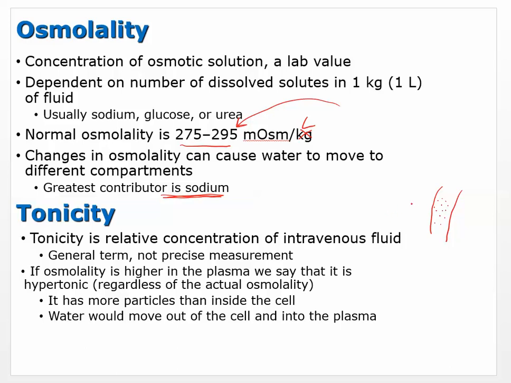But that's it. So when we give an IV solution that is isotonic, what we're trying to do is match these values, these normal values. Now the blood may not be within those ranges, but we still call it isotonic because we're trying to match those values.